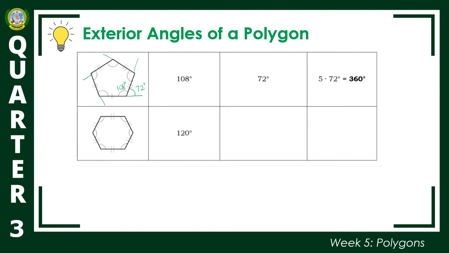So, 120 pala yung measure nito. So, pag kinuha natin yung exterior niya, that is 180 minus 120, that's equal to 60. Okay? 60 degrees. And since meron tayong 6 na exterior angles na 60 degrees, 6 times 60 is 360 degrees.